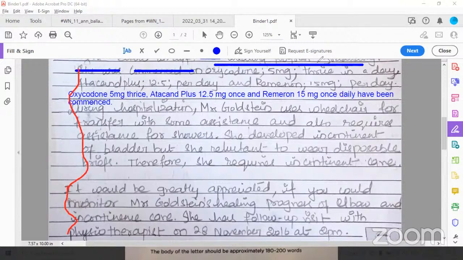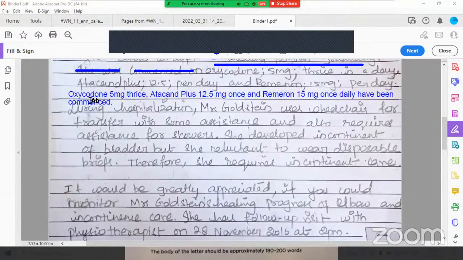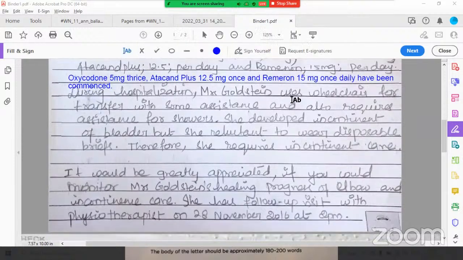Okay. Right. So during hospitalization, comma, Mrs. Goldstein uses wheelchair. During hospitalization, mobilization has been possible with the support, or ambulation is possible with support of a wheelchair. Quality sentences, right?